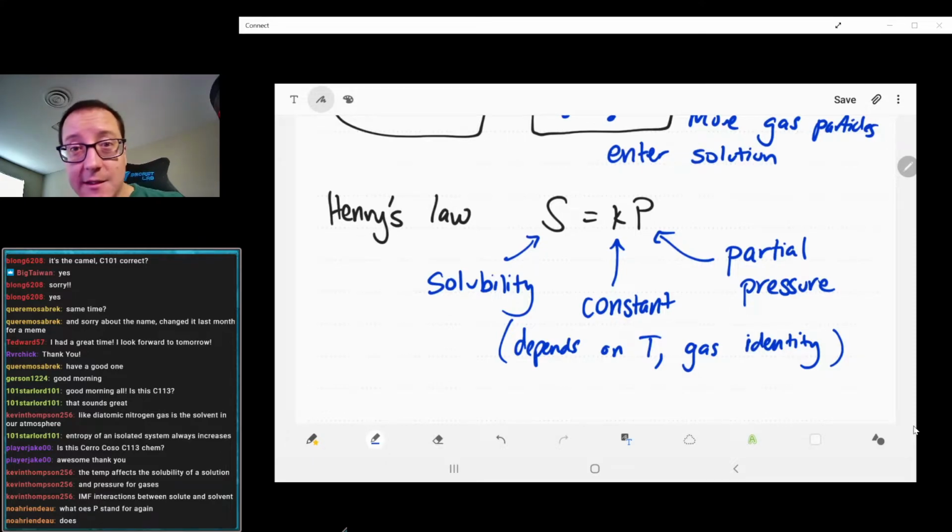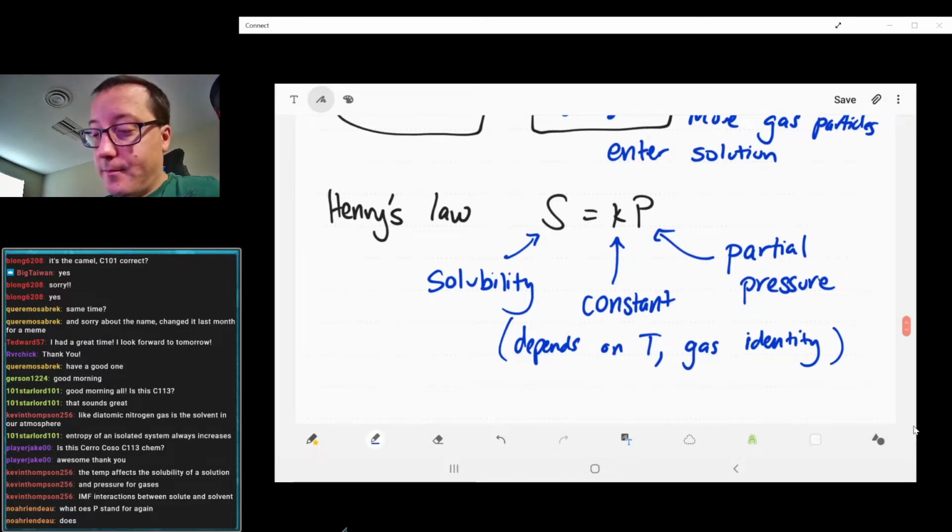Because often gases are mixtures of gases. So that will be the partial pressure of the gas. So if we're looking at carbon dioxide, it would be whatever the partial pressure of carbon dioxide is in the gas that we are putting into our solution. Okay. Cool.